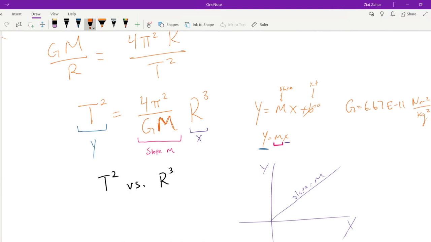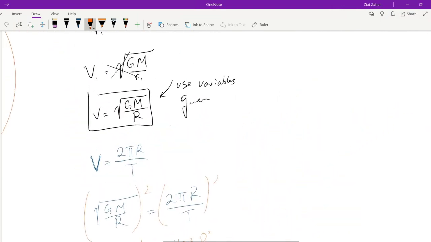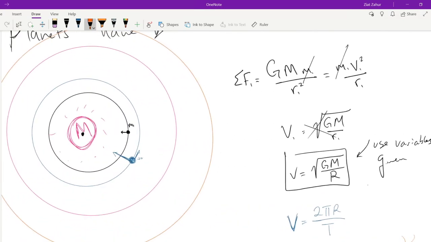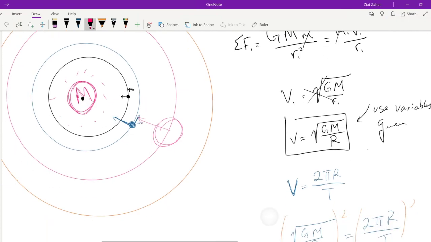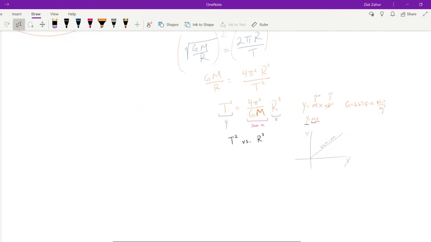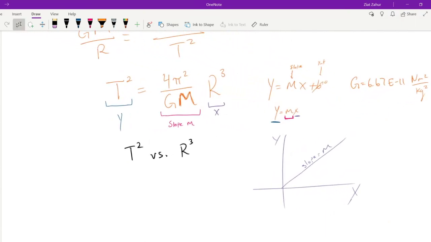M is capital M, which is the mass of the sun or the star. And for all planets in the solar system, every single planet has the same central object. Therefore, it's the same mass for all of them. And that is why 4 pi squared over GM is a constant.